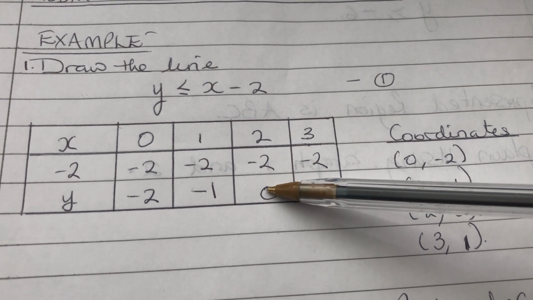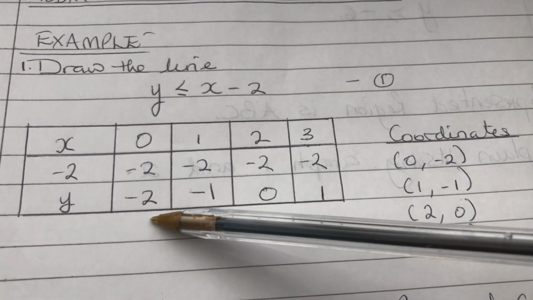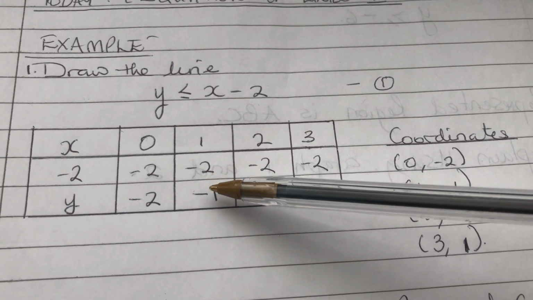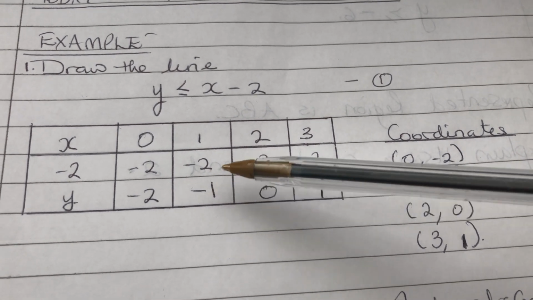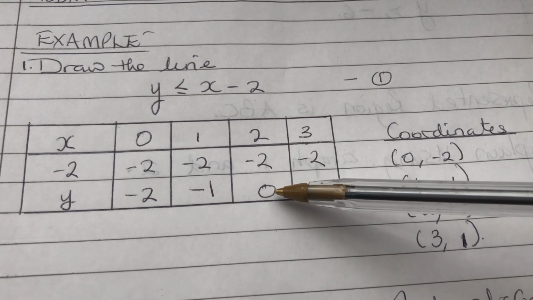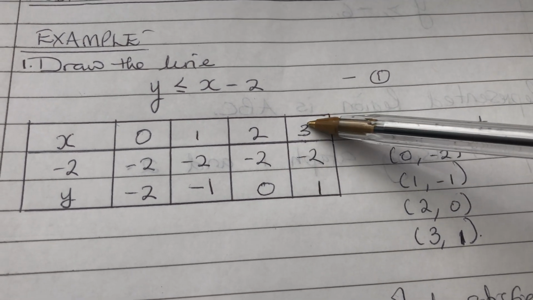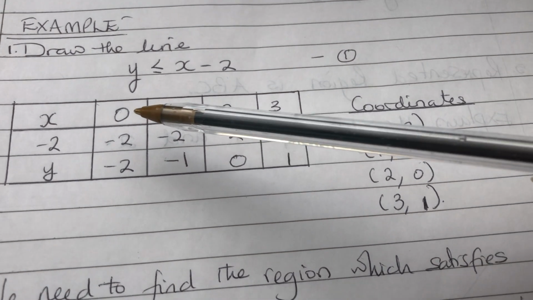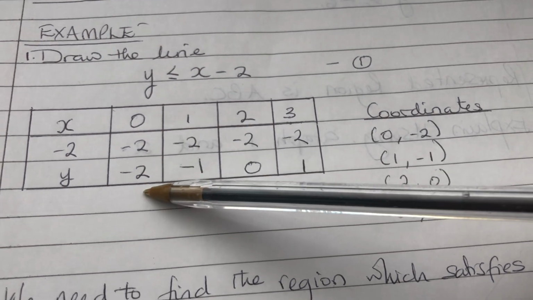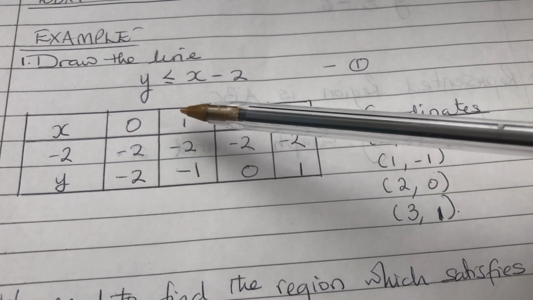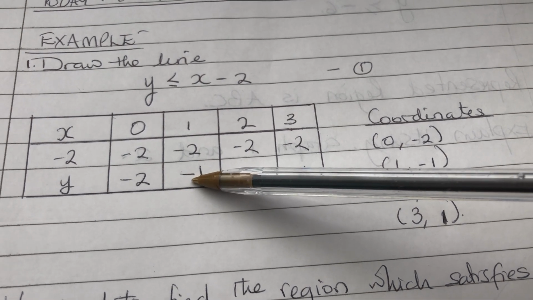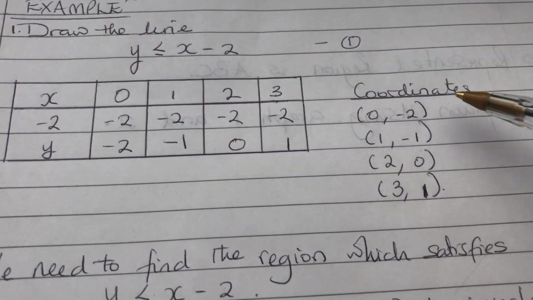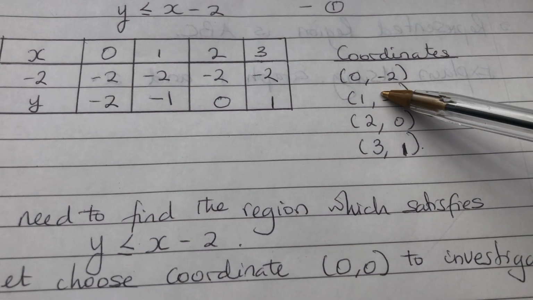So 0 minus 2 is minus 2, 1 minus 2 is minus 1, 2 minus 2 is 0. When x is 3, minus 2 is 1. So we have the coordinates (0, minus 2), (1, minus 1), (2, 0), (3, 1). So these are the coordinates I'm going to plot.